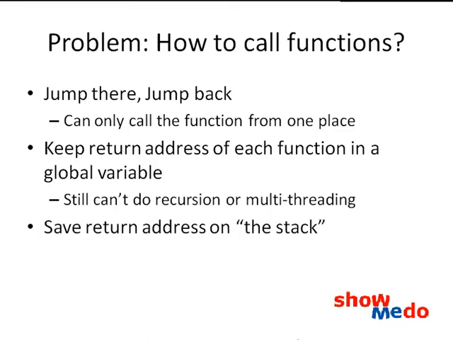The solution that has now been settled on is to save the return address in a chunk of memory known as the stack. The stack is similar to the data structure of the same name, storing chunks of data called frames, one for each function call level.